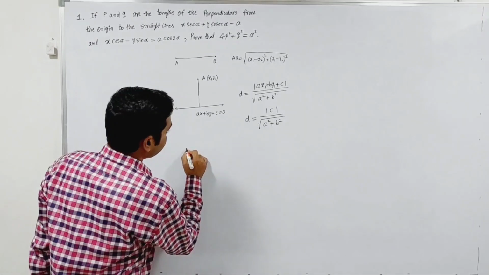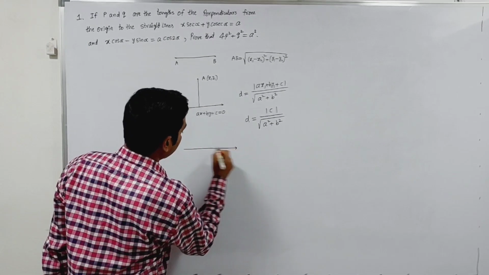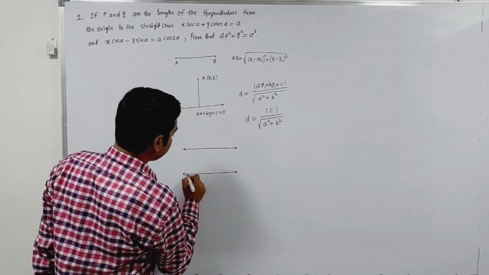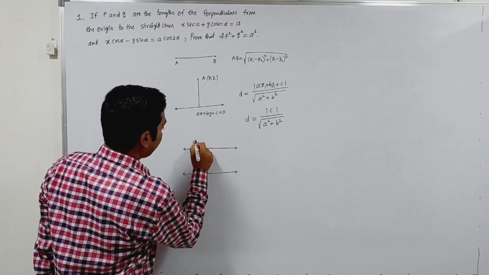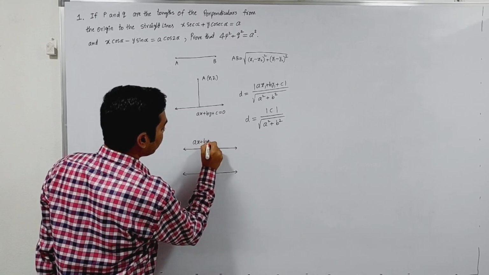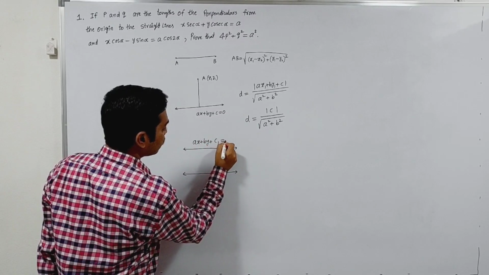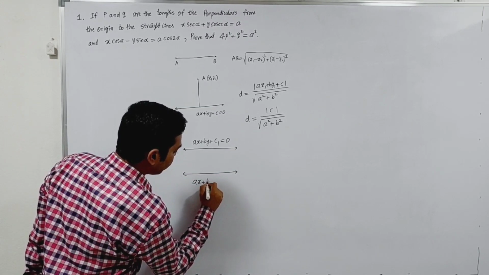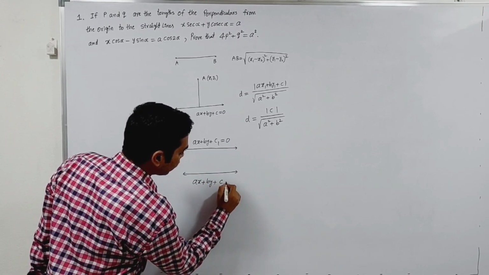What is the distance between two parallel lines? For example, this is the line a x plus b y plus c1 equal to 0, and this one is a x plus b y plus c2 equal to 0.